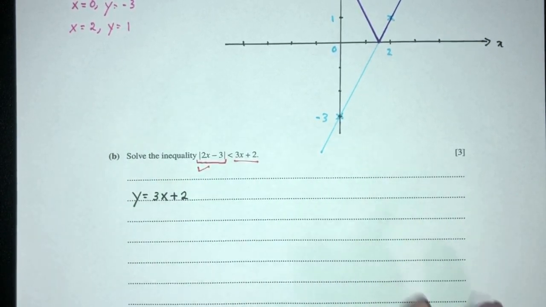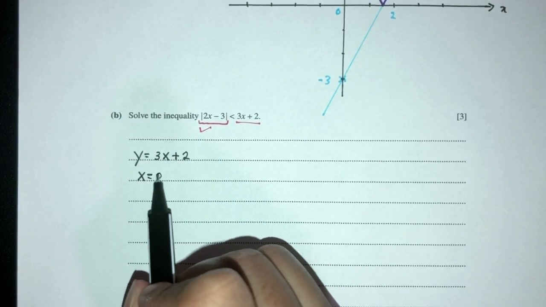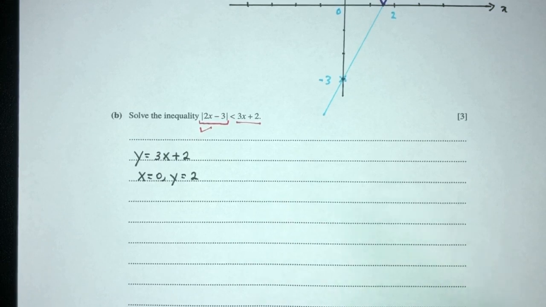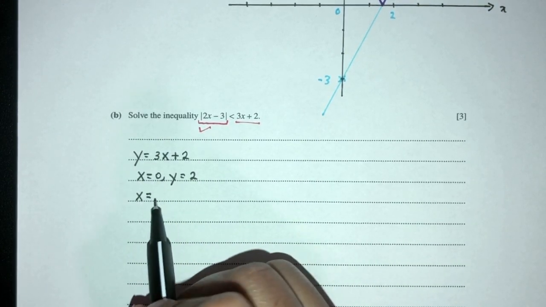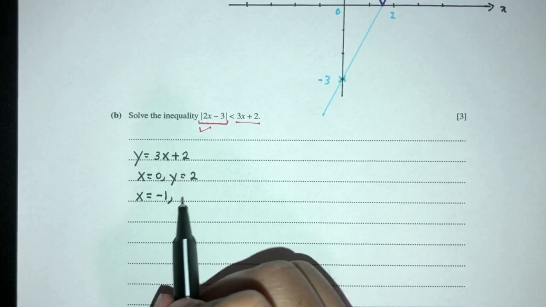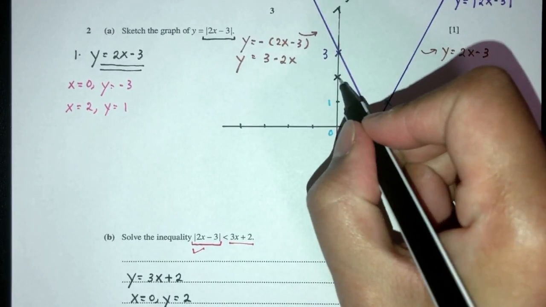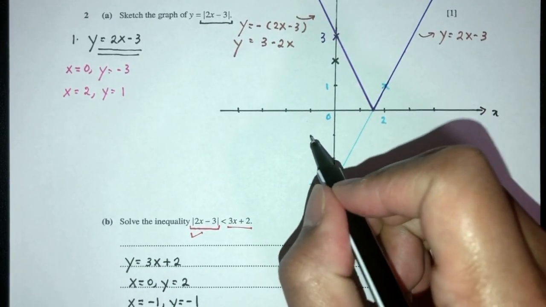Now, this is a straight line, so let's find the points. For example, x equal to 0, y will be 2. Again, you can choose any x you want. It is up to you. Now, choose x equal to something easy, minus 1. That should become minus 3 plus 2, which is minus 1. So the passing points are 0, 2, which is here, and minus 1, minus 1, which should be somewhere over here.